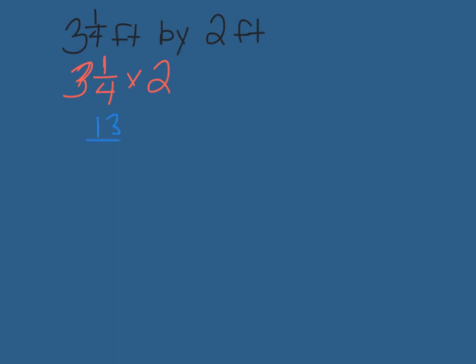I have 13 over 4 times 2 over 1. And then I can reduce those down, and I have 13 over 2. And then that goes into there 6 times and 1 left over. So 6.5 feet squared. Okay, I hope that's what you were able to get as well.